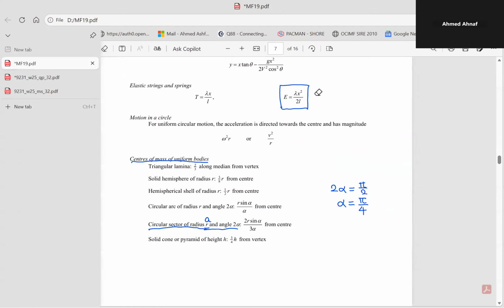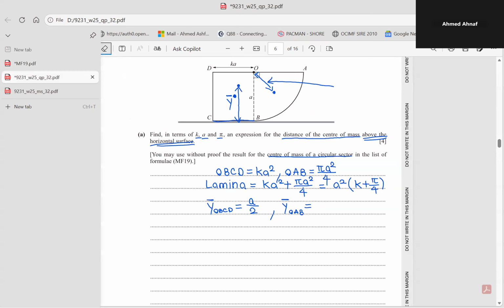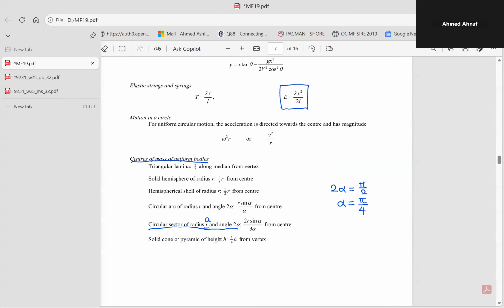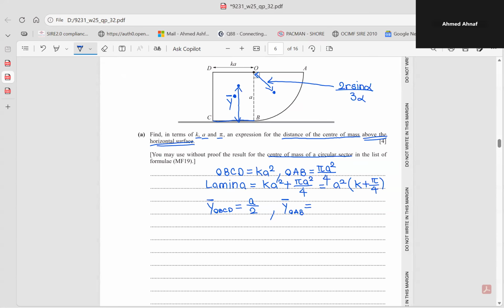So it's 2a sine alpha over 3 alpha, where alpha is pi over 4, and the denominator is 3 pi over 4.